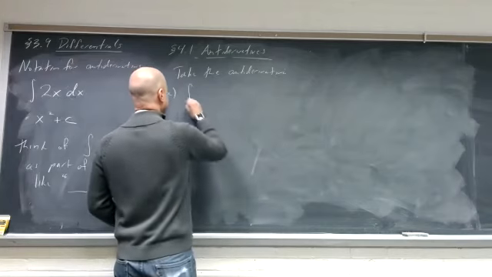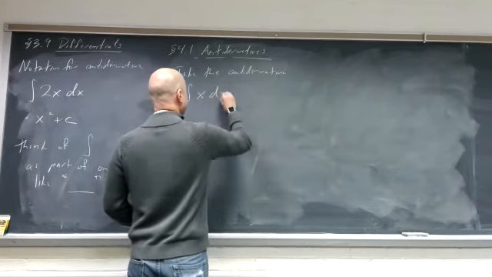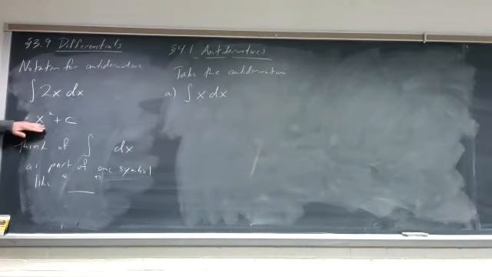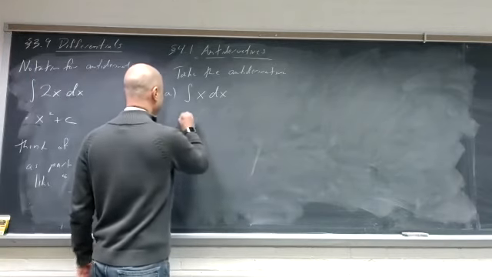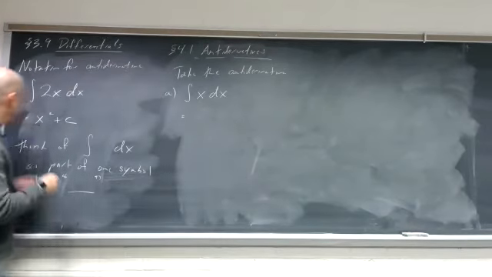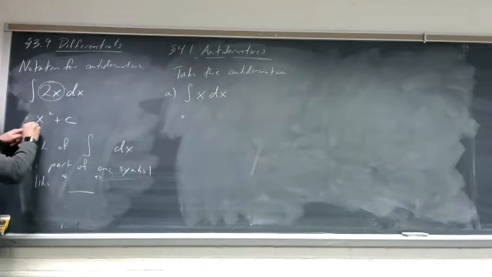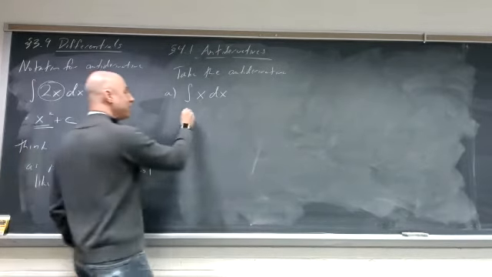How about the antiderivative of x, since you brought it up earlier? If the antiderivative of 2x is x squared plus a constant, what's the antiderivative of x? What do you take the derivative of to get x? Somebody already mentioned it, really. Since x is half as big as 2x, what do we replace the x squared by? 1/2 x squared. Yeah, 1/2 x squared.